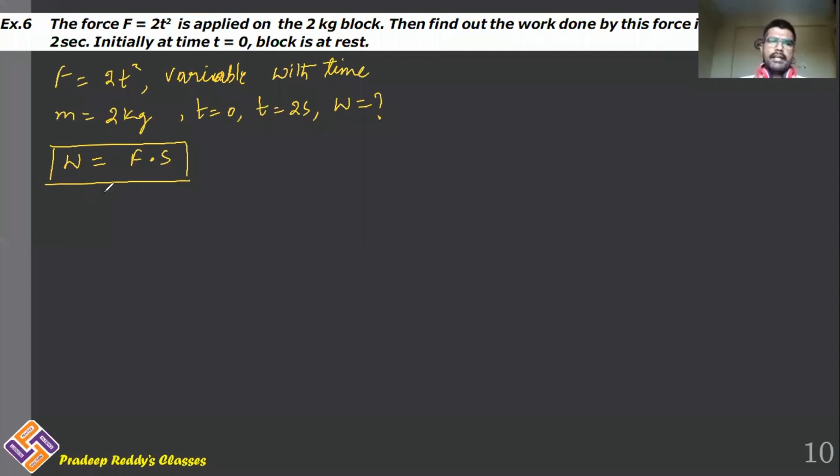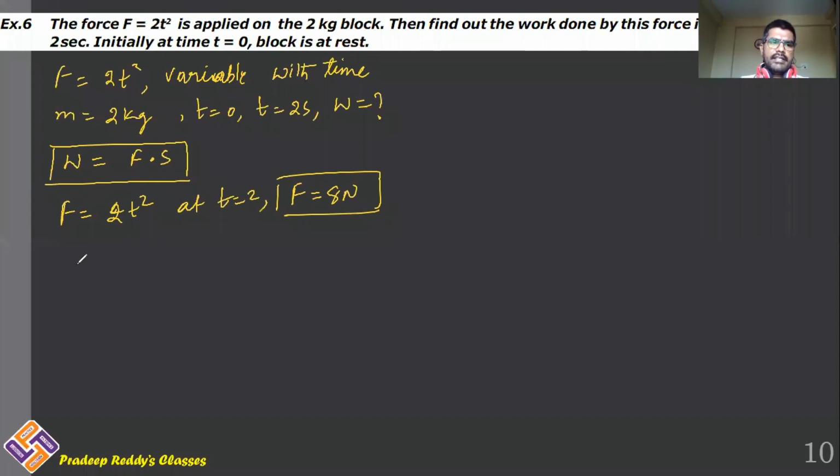However, force can be calculated. F is equal to 2 times t square, as t is equal to 2, that is 2 into 2 square, which is 4 into 2 is 8 Newton. F is equal to 8 Newton. F value we have got. But in order to find S, you need to calculate displacement.